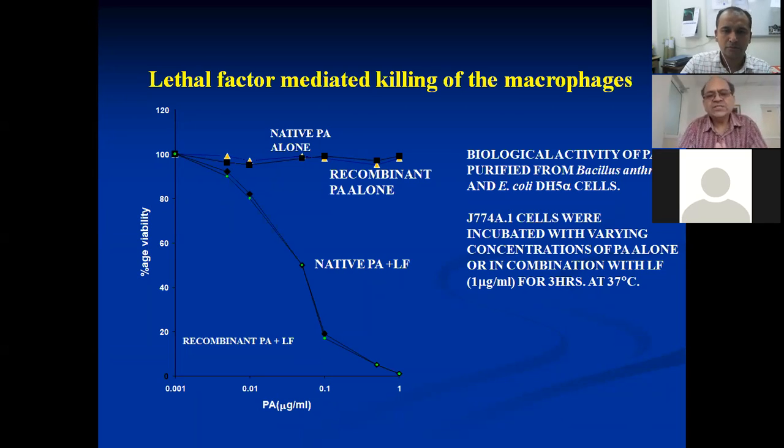And if you look at this graph, for the native antigen as well as recombinant antigen, the graphs are almost superimposable. So we could prove that they are able to kill the macrophages at equal concentration. Next slide, please.